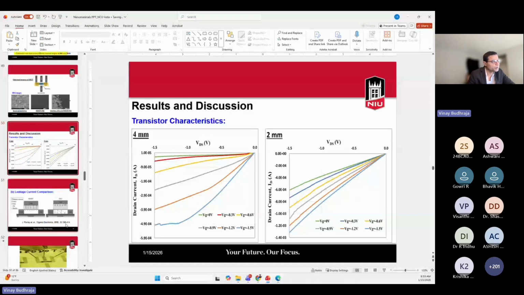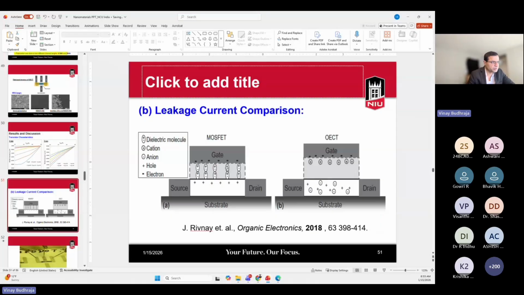In the traditional MOSFET, you see that there's an oxide between gate and the channel, and the control operation over there is electrostatic. When you apply the voltage between gate and source, the charge collected around the gate and the semiconductor is due to the electrostatic manner.